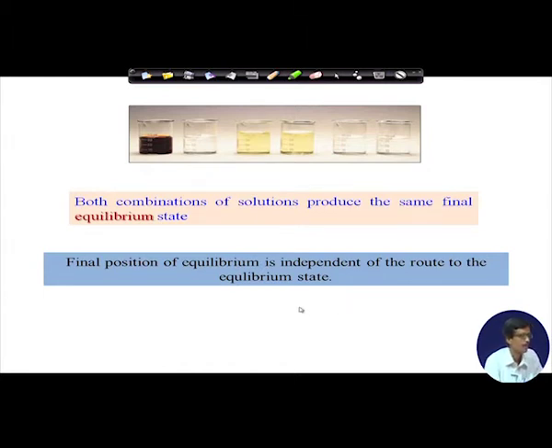Suppose we are going from left to right, and 30%, 40% or 50% of the reaction occurs, say 50% of A and 50% of B reacting to give 50% of C and 50% of D. The final position of the equilibrium is independent of the route, which direction and which way it is going, but we are reaching these two final solutions somehow.